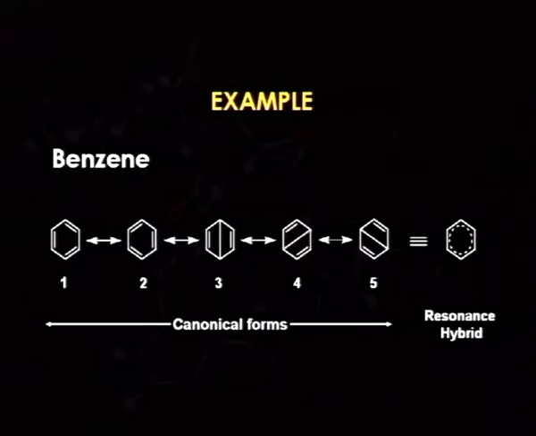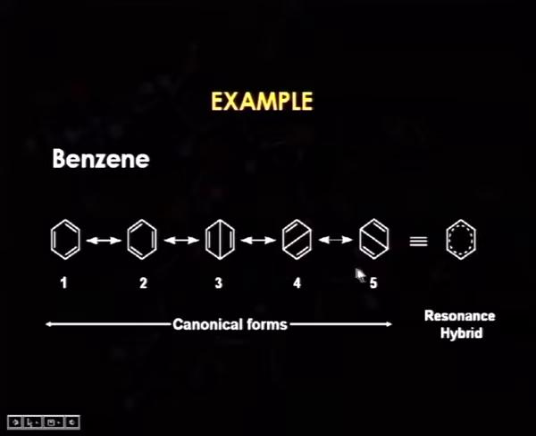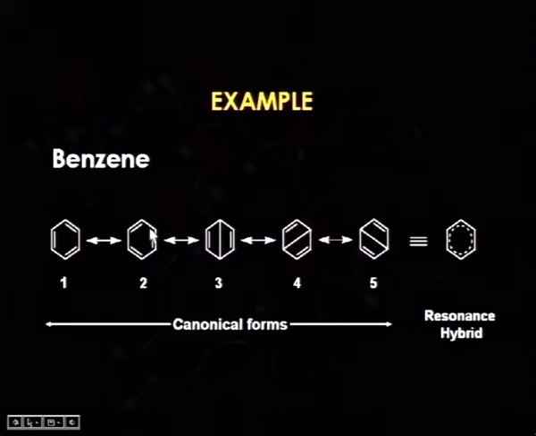We can take the example of benzene. Here we can see benzene is a resonance hybrid of all those canonical forms, also called resonating structures. Here this bond is a double bond, the same bond here is a carbon-carbon single bond, here again it is single, here again it is double.